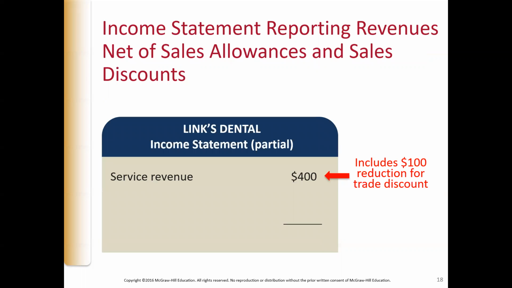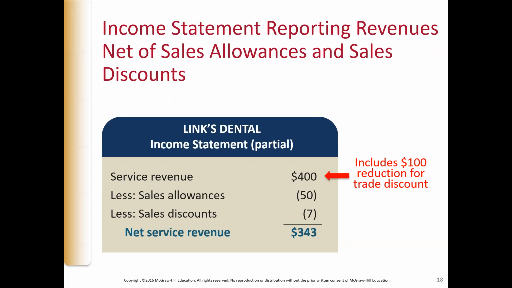So you see here, the sales revenue shows $400. The less sales allowance of $50 and less sales discounts of $7 gives us a net service revenue of $343. That makes sense, guys?